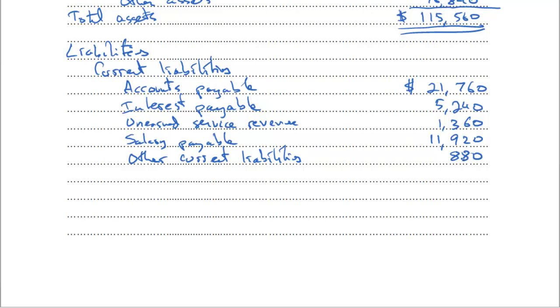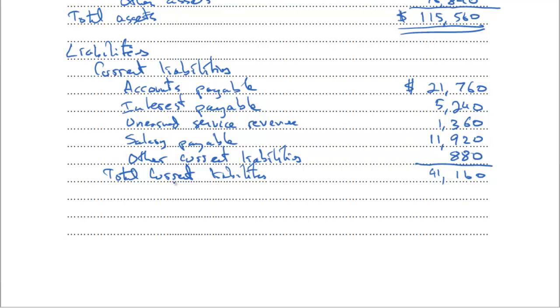And a quick double check, but I've been crossing all these off, and I think we have captured all the current liabilities. So, total current liabilities, do the math, 41,160.